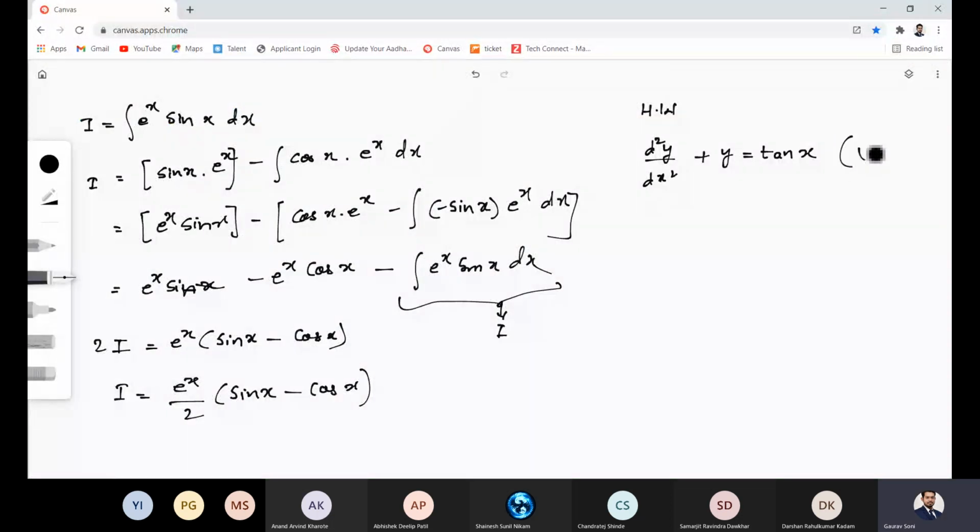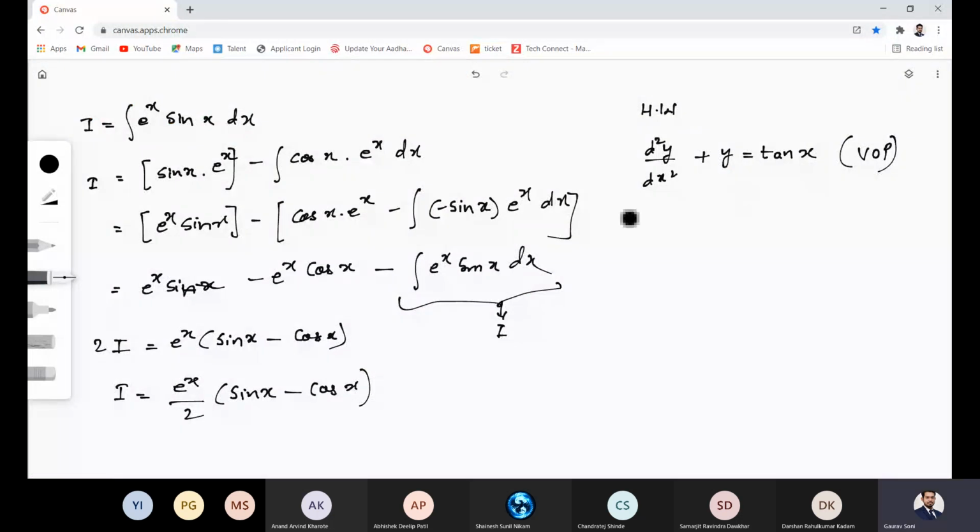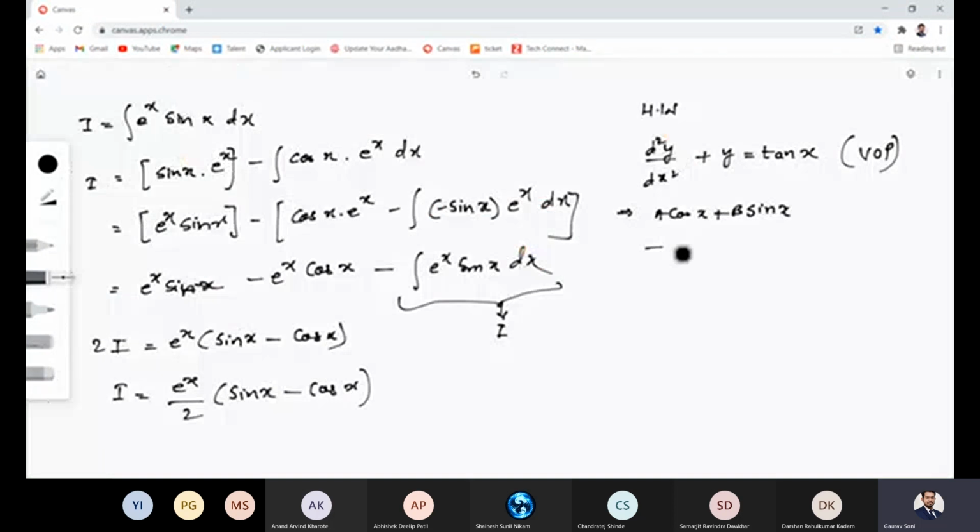d2y by dx square plus y is equal to tan x, solved by variation of parameters. And the solution for this is a cos x plus b sin x minus cos x log of sec x plus tan x.